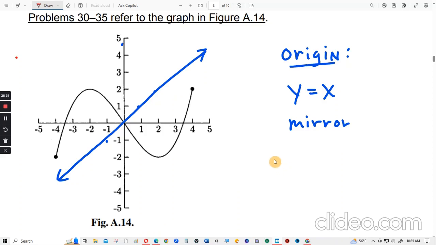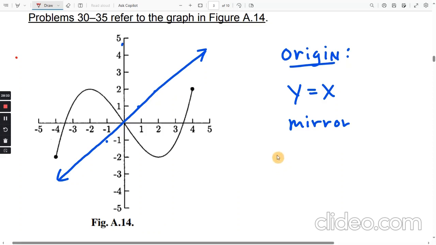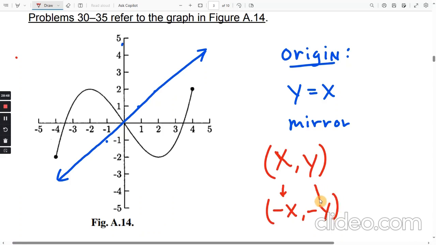Okay, but if you want to check for a few points, you want to take a point (x, y) and see if that point matches on the other side if you change the plus/minus sign on the x and the y. Take any point, change the sign, and see if it's still there.